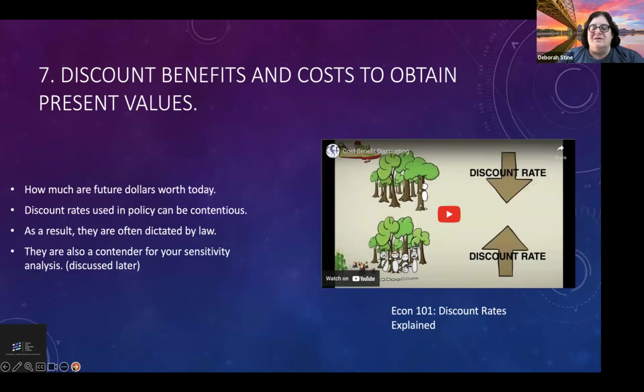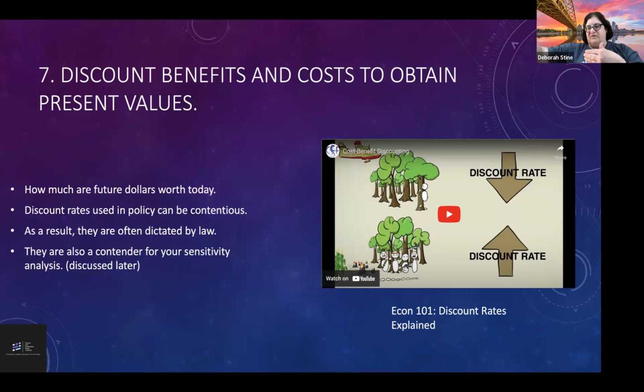Okay, the other thing you can do, and again, this is a useful video that explains discount rates. So the challenge is that you have a bridge, or let's just say you have a freeway that lasts 30 years, and another one lasts 40 years. There are different initial capital costs, but there's also the cost of operating and maintenance. For the 30-year roadway, you'll only be paying operating and maintenance costs for 30 years.